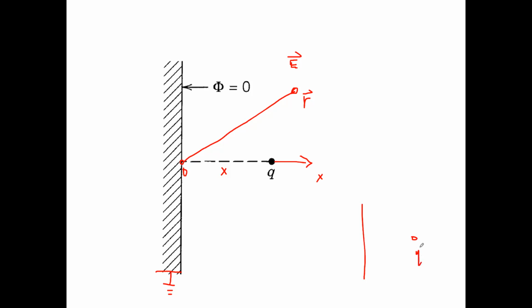Let's say if this is a positive charge, so you know the potential here is positive. And the potential at this conductor surface is 0. Then you know the field lines go from here to there.